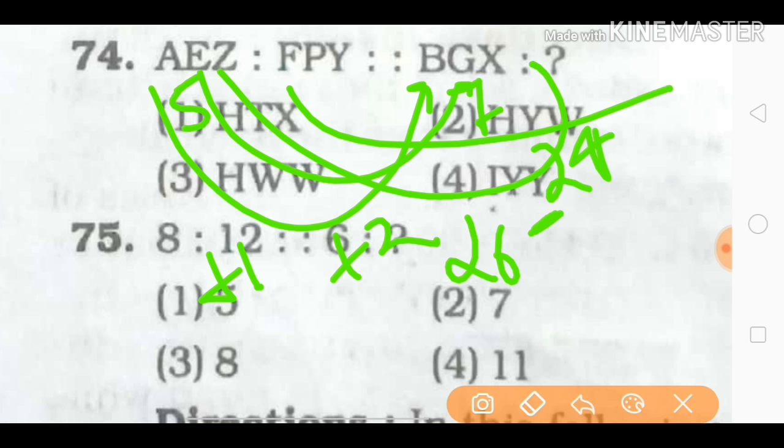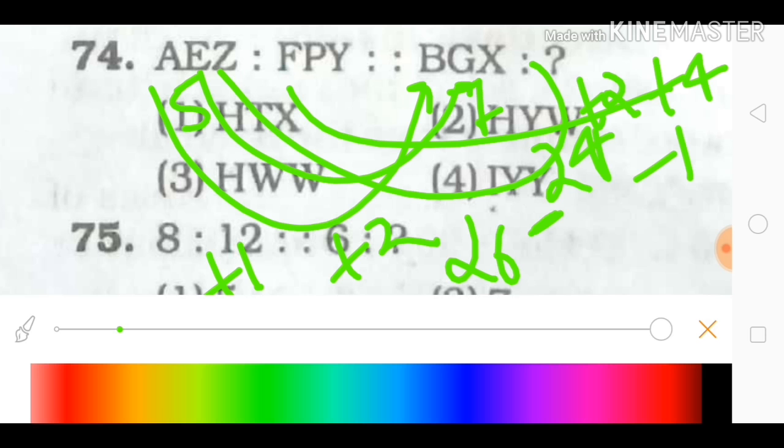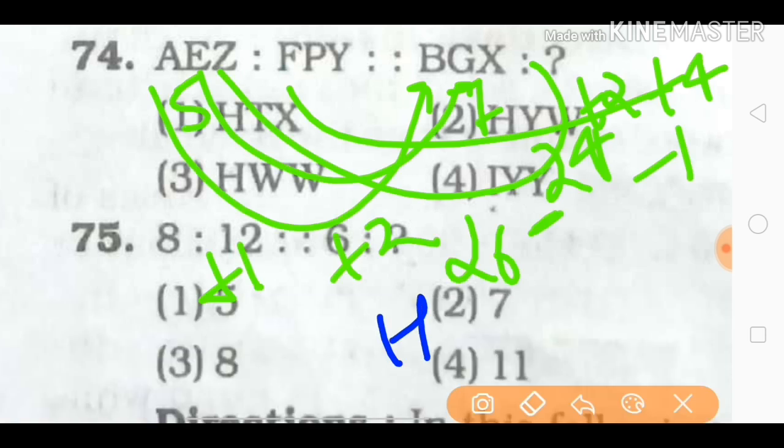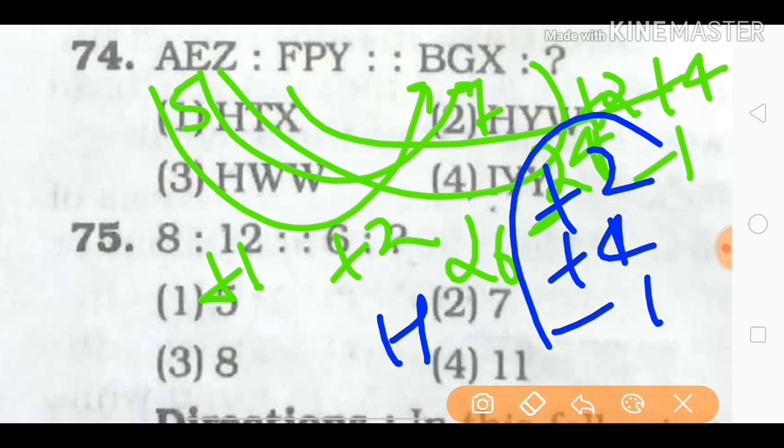Here we will do plus 2, plus 4, and minus 1. How? If you will do plus 2, 6, 8. Let me change the color. H. And you might be thinking why I will do plus 2, plus 4, minus 1.